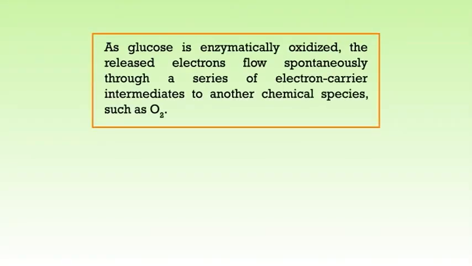Living cells have an analogous biological circuit with a relatively reduced compound such as glucose as a source of electrons. As glucose is enzymatically oxidized, the released electrons flow spontaneously through a series of electron carrier intermediates to another chemical species, such as oxygen.